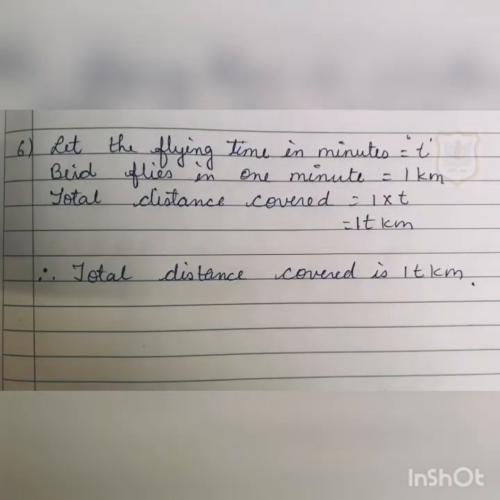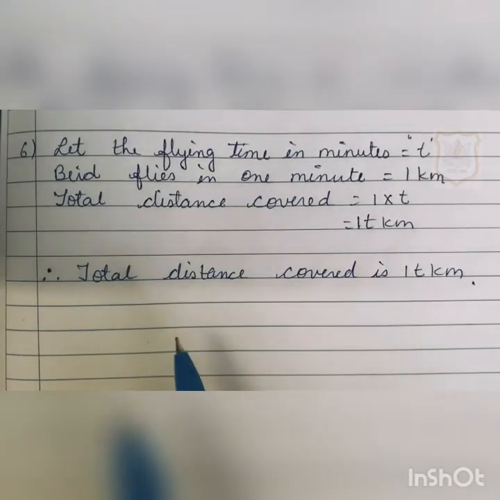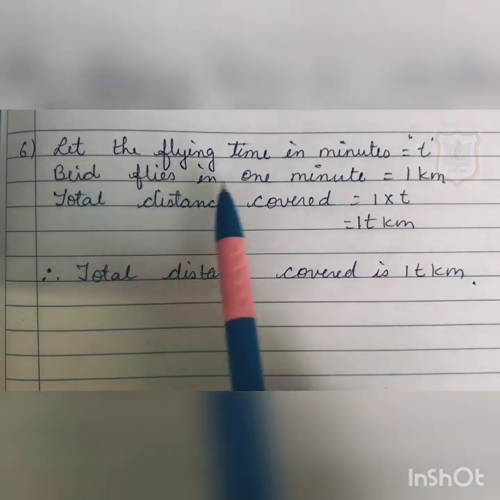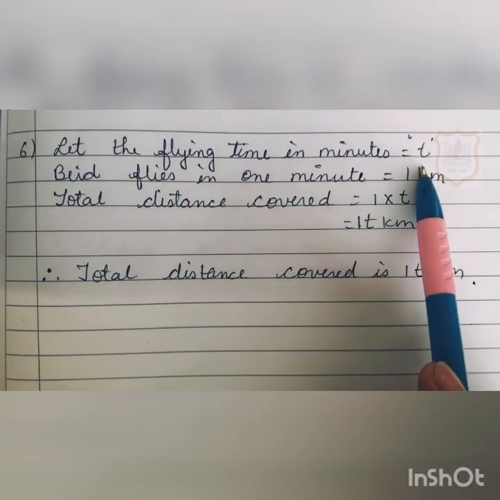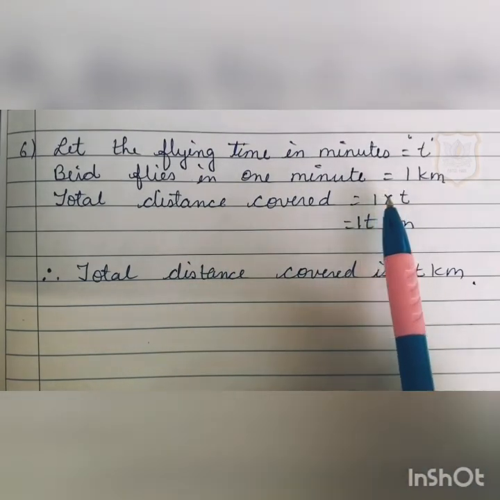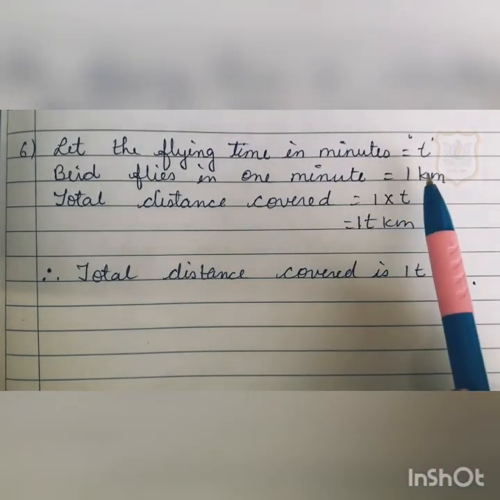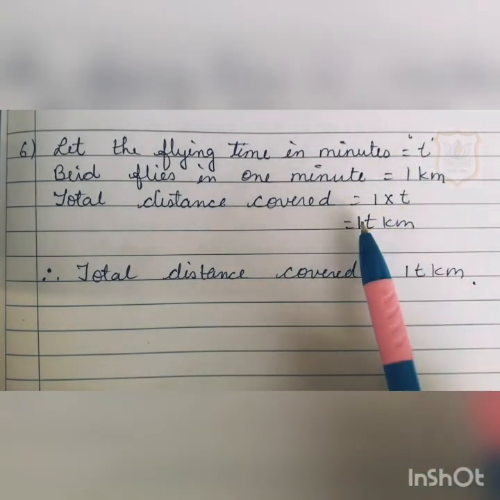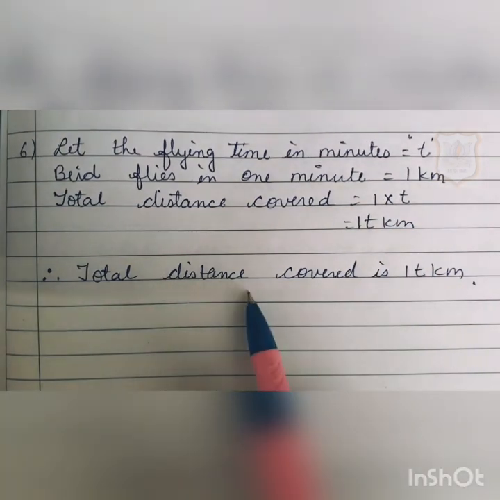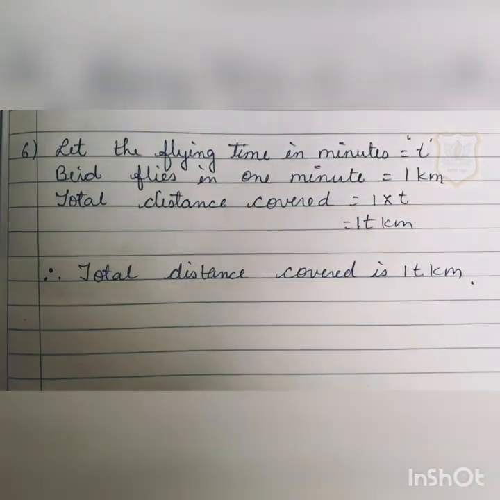So the solution: let the flying time in minutes be t, that is given. The bird flies in 1 minute is equal to 1 kilometer, that is also given. So the total distance covered is equal to 1 into t, that is time, is equal to 1t kilometers. So the total distance covered is 1t kilometers.